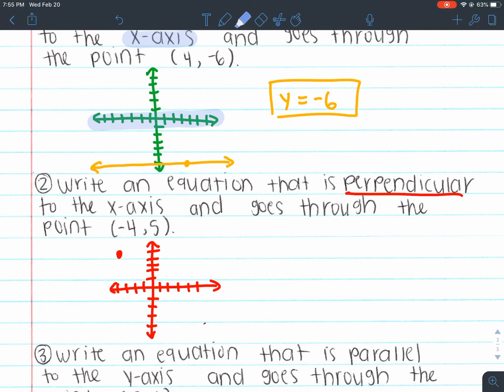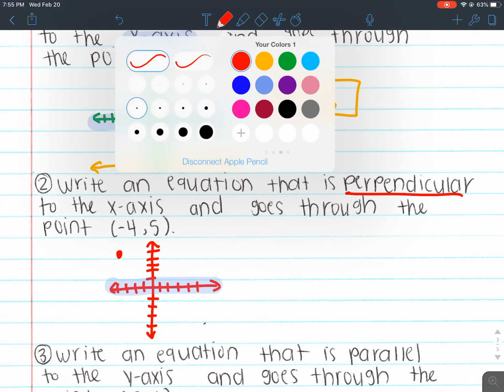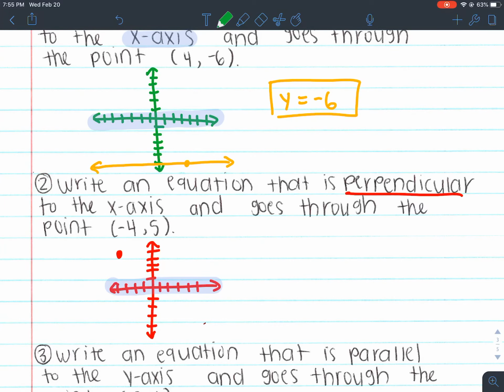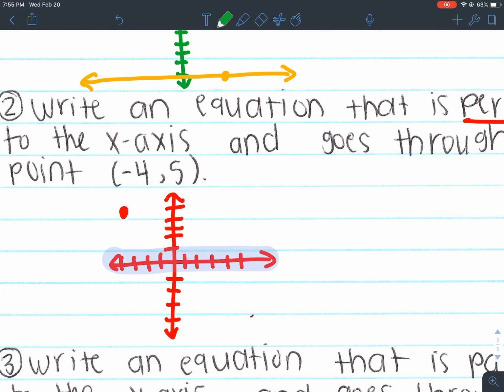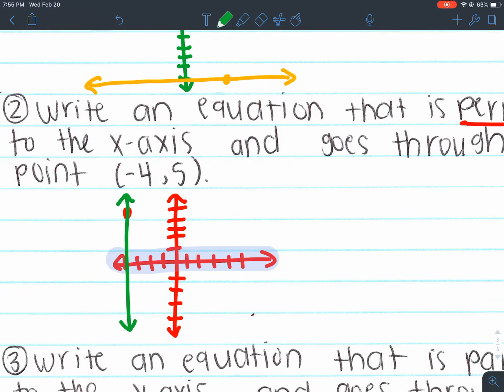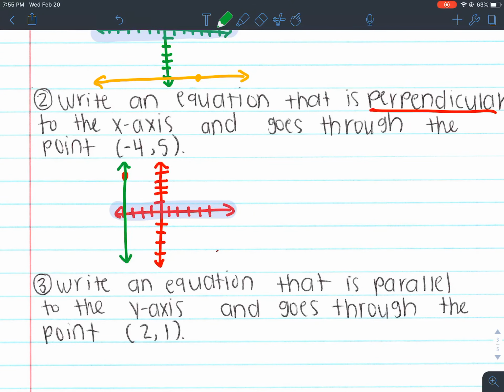Now I want to focus on my x-axis, so I'm going to highlight that again. And I want it perpendicular. So I do want it to cross that purple axis, that highlighted purple area. So I am going to make it a vertical line because I want it to cross. I don't want it to be horizontal. And so the equation of that would be x equals, because it crosses the x-axis at the point negative 4.